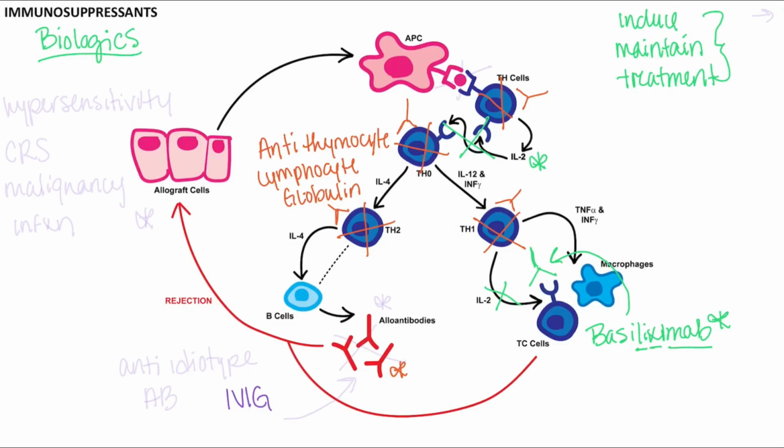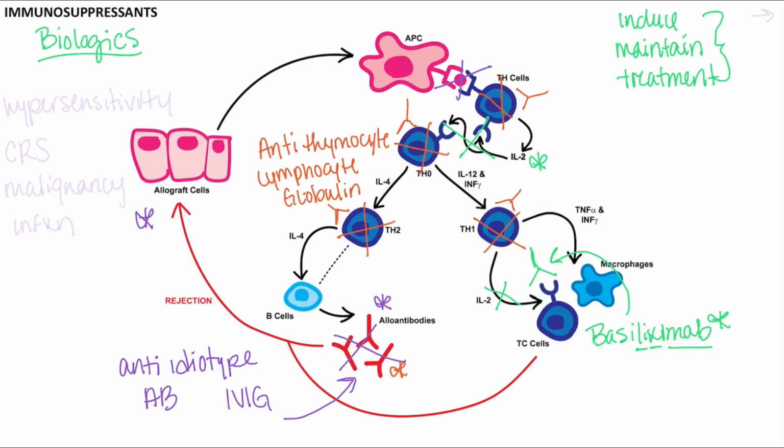But in organ transplants, this is an option for organ rejection treatment because these pooled antibodies can essentially flood the immune system so that these alloantibodies recognizing the allograft antigens cannot find the respective cell to present that alloantigen to promote rejection, and can function as an anti-idiotype antibody, essentially meaning that the antibodies from the IVIG can recognize the alloantibodies and bind them and tag them for clearance from the body as well.